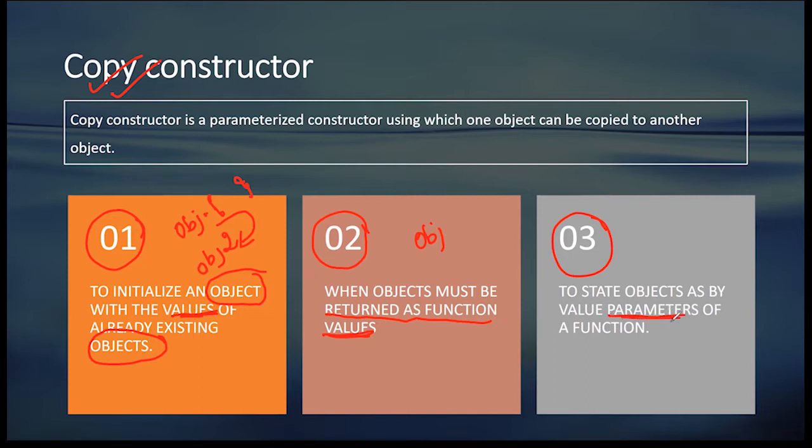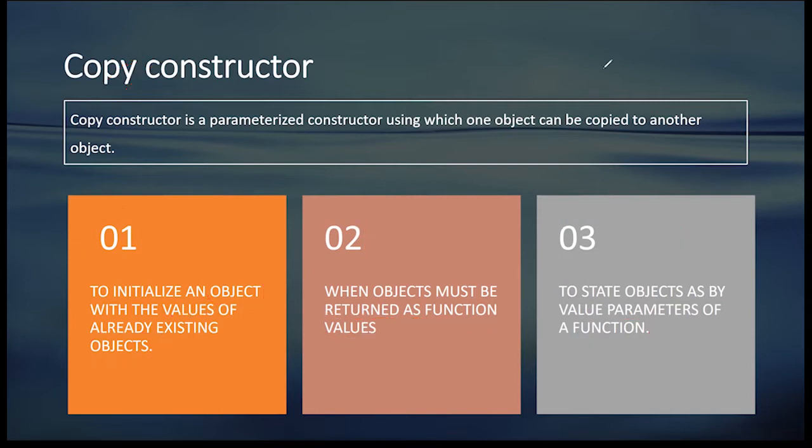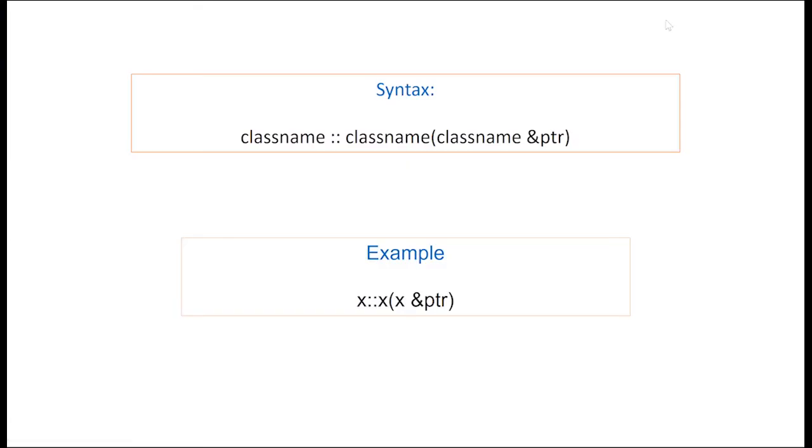If you want to send an object as a parameter of any function, in such situation also we will be using our copy constructor. We are going to discuss where all we are going to use the copy constructor one by one.